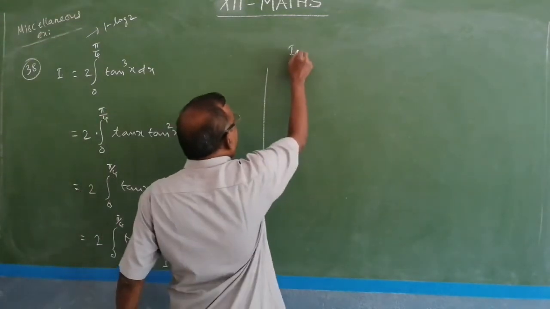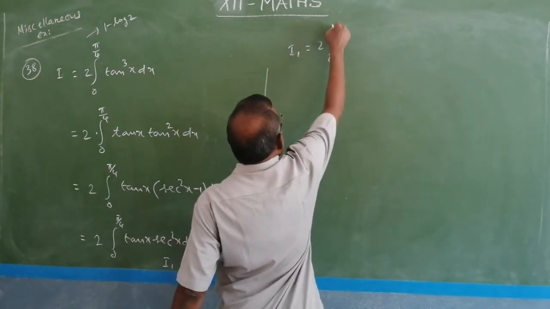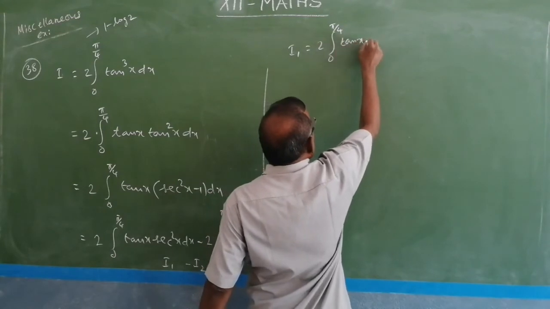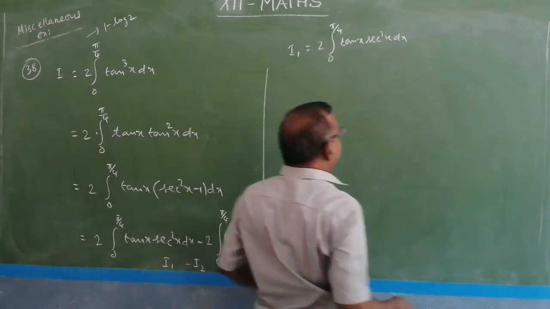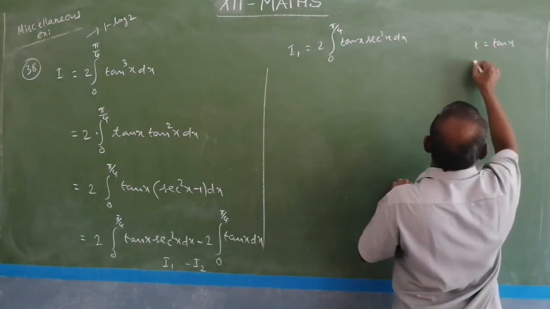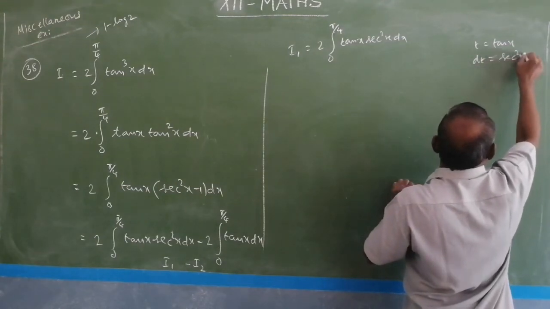Now I1 equal to 2 into integral 0 to pi by 4 of tan x secant square x into dx. Now put t equal to tan x. So dt equal to secant square x into dx.